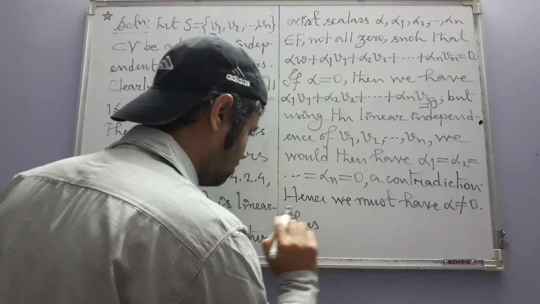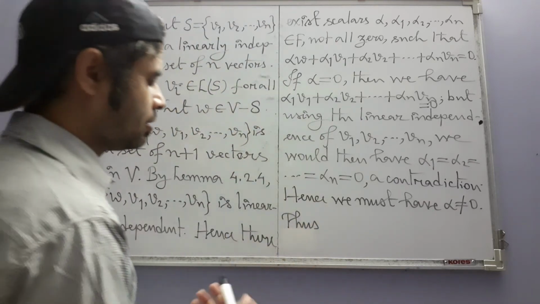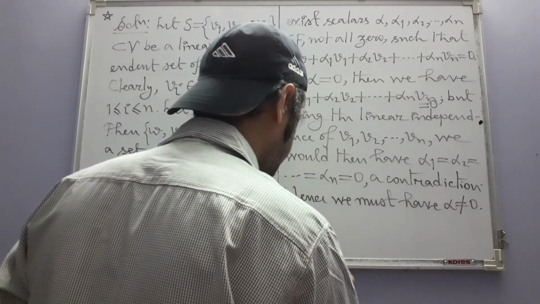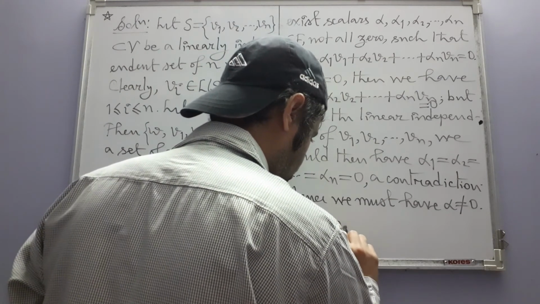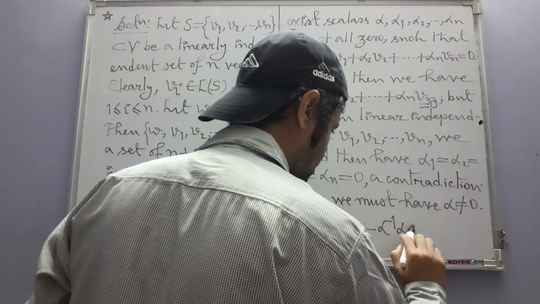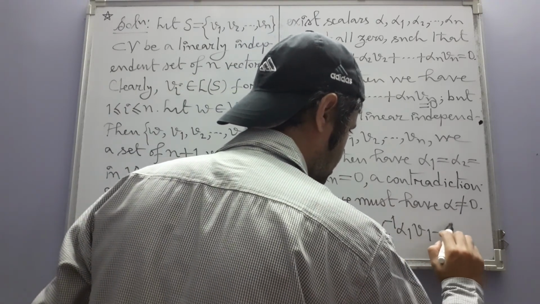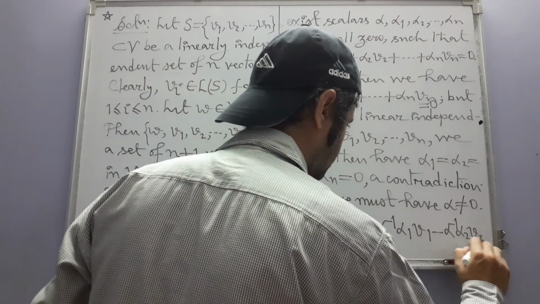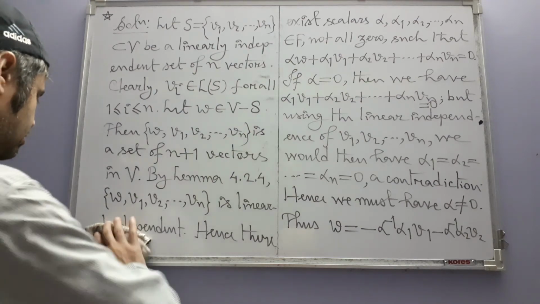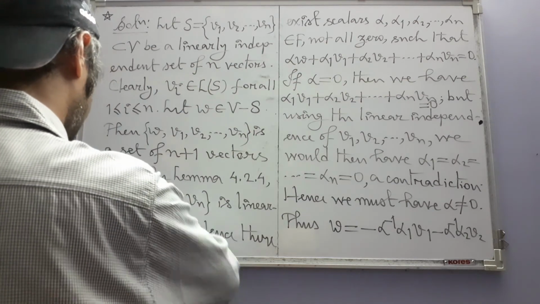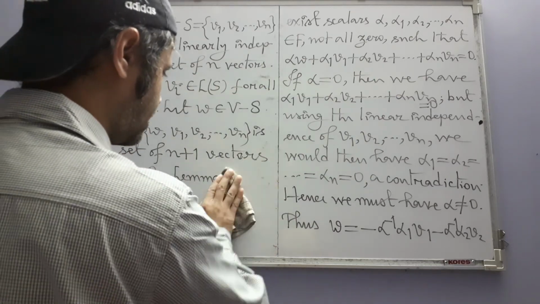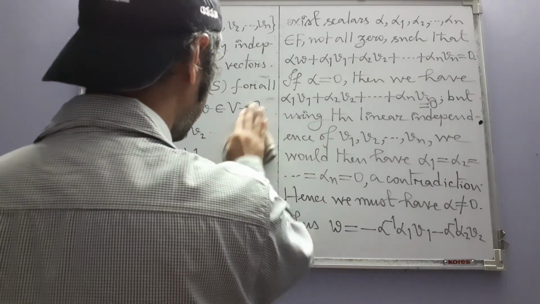Thus, now if alpha is non-zero, then we can express W itself as a linear combination of the Vi's in this way. Minus alpha inverse alpha 1 V1 minus alpha inverse alpha 2 V2. You can understand what we have done here. And alpha inverse exists because it's a non-zero field element now.